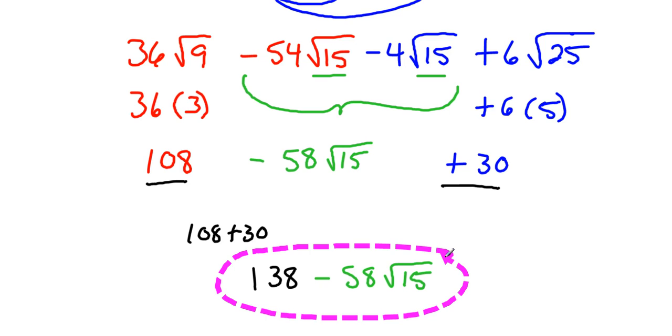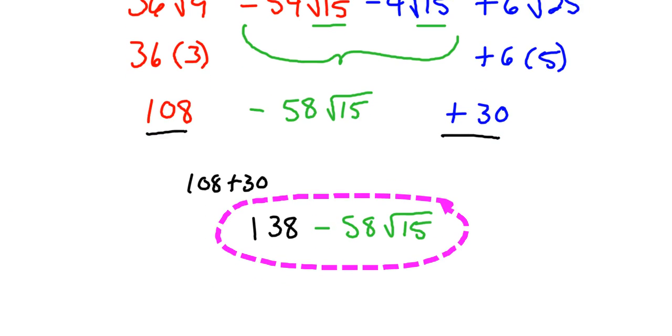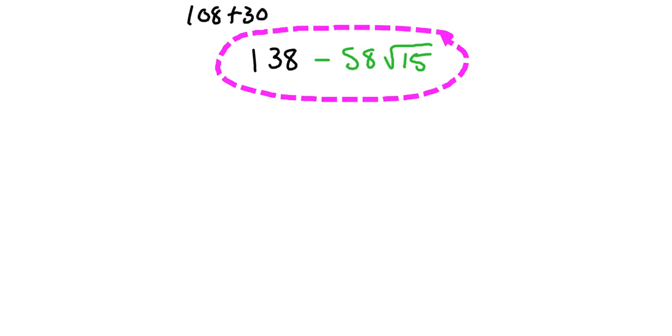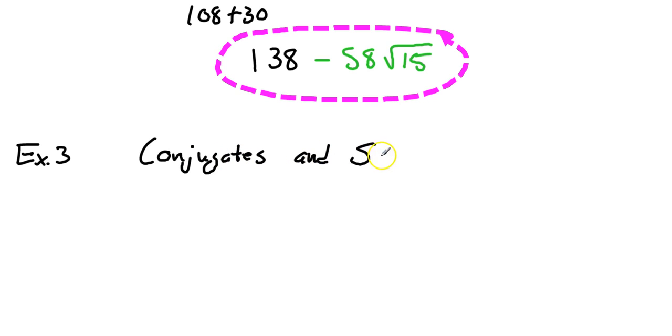All right, and one last objective. Actually, this is just a special case of the full method. Let me just show you one of these, because there's really only one you need to worry about. Give you one more example here. This one is conjugates and squaring.